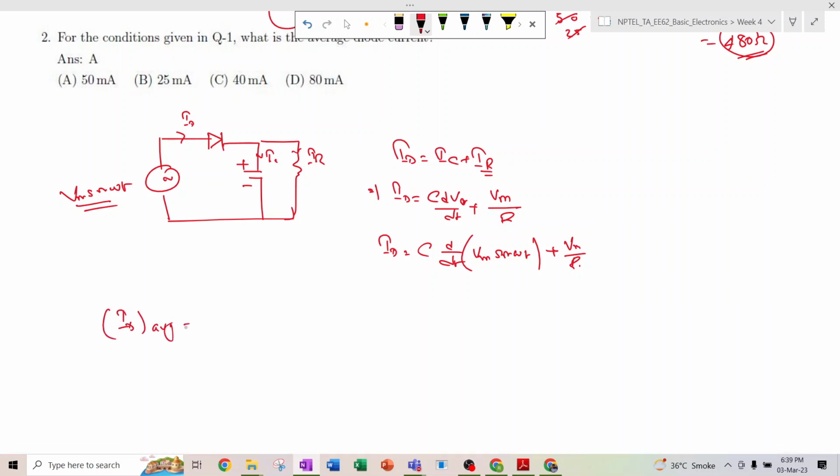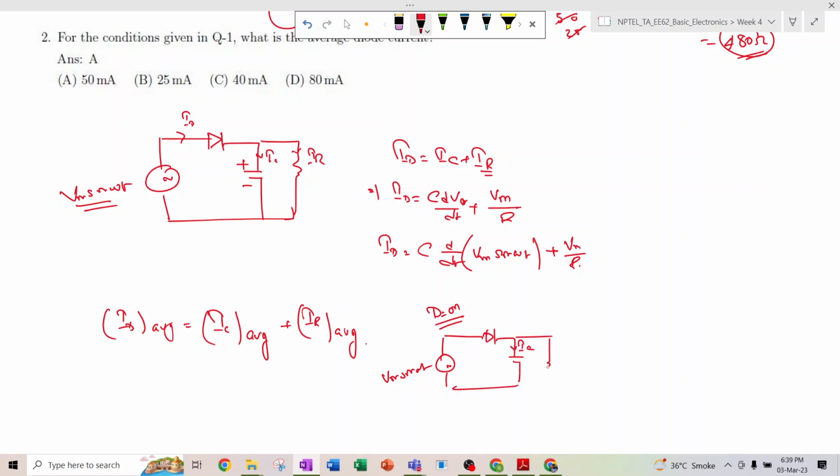ID average is nothing but the average current flowing through the capacitor plus the average current flowing through the resistor. So you can see when the diode is on, so this is Vm sin omega t, and this diode becomes on, then there is some current flowing through the capacitance, and there should be some resistance.